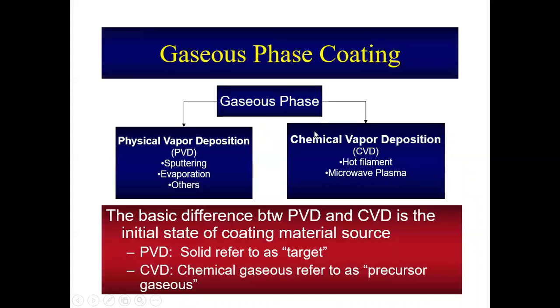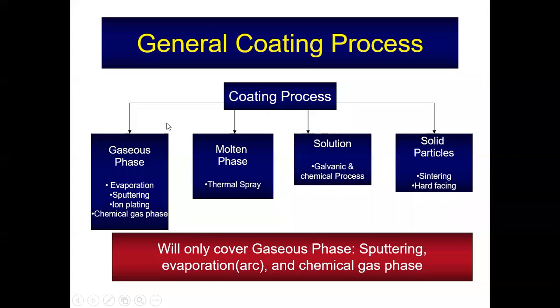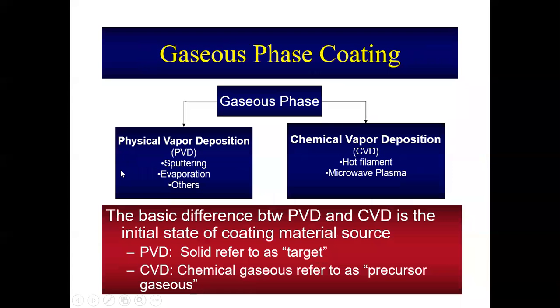As mentioned just now, we concentrate on the gaseous phase coating process, and there are two different processes. One is called PVD, physical vapor deposition. The other one is called chemical vapor deposition, or CVD.